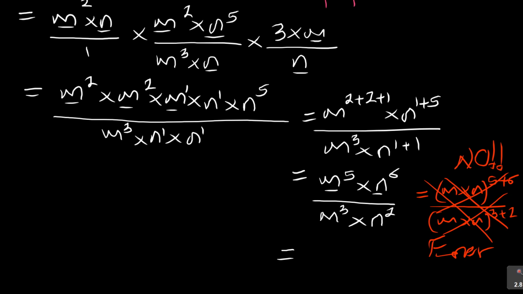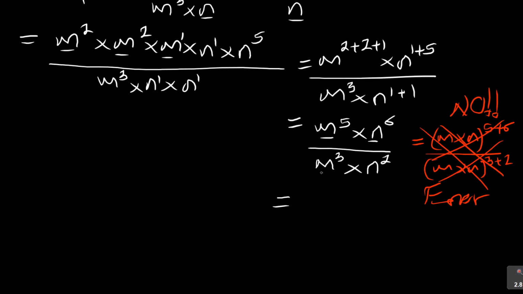You're supposed to follow the rules, and the rule is saying if you are given a scenario like this, you continue applying the law. So in a way, you are saying here it's m to the exponent 5 divided. Remember that law which says a to the power of m over a to the power of n is equal to a to the power of m minus n.